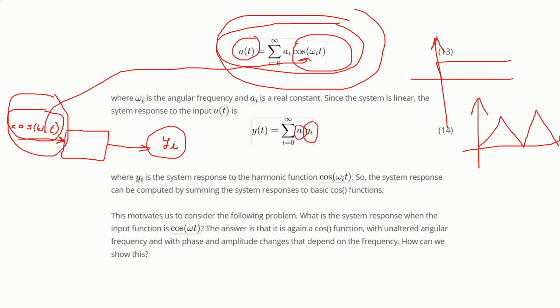Well, to repeat, if we know the system response to these individual cosinus omega t, then we can reconstruct the system response to almost any function u of t. And the frequency response is nothing less than the response of the system to a cosinus or sinus signal where we change frequency omega.